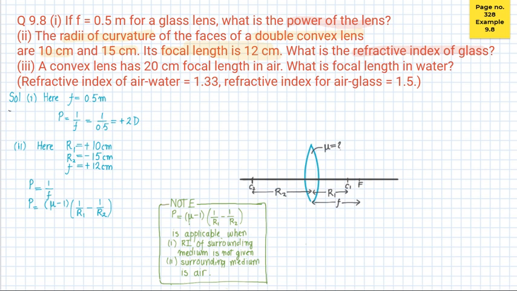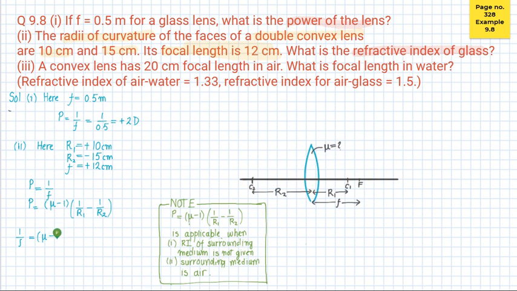Fine. So now look here, this is power, this is power. The left hand side are equal, therefore the right hand side should also be equal. Hence I can write 1 upon F equals to mu minus 1.